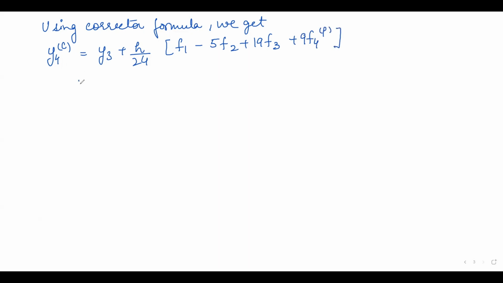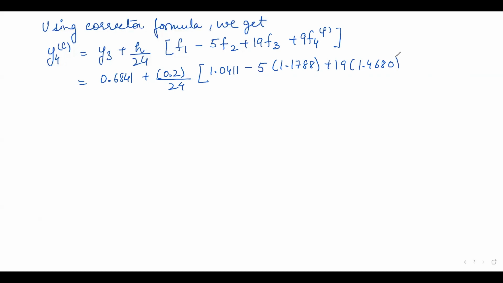So substituting the values quickly, 1.1788 plus 19, 1.4680 plus 9, 2.0473.